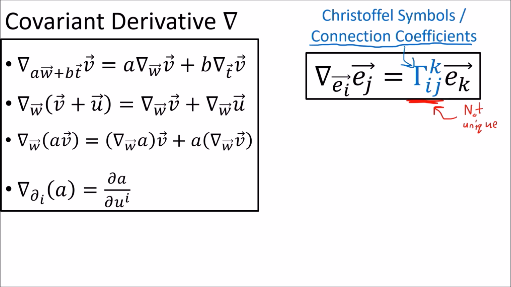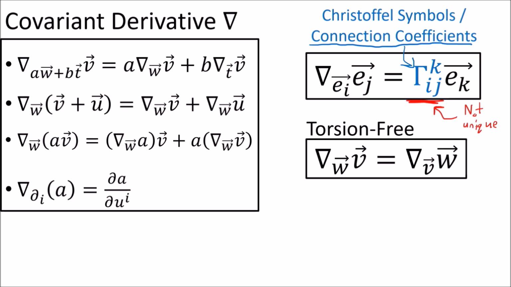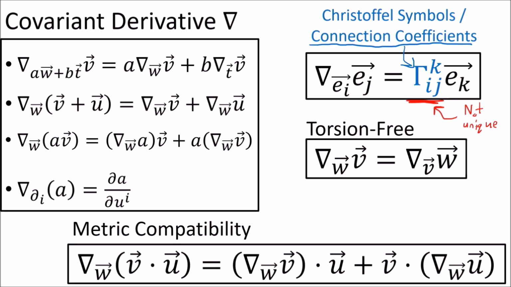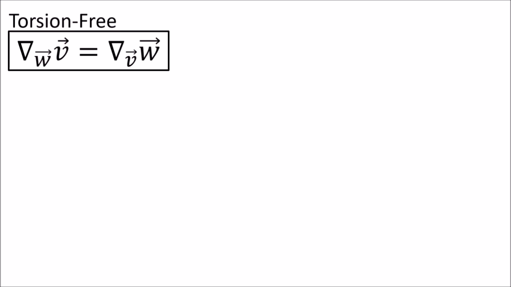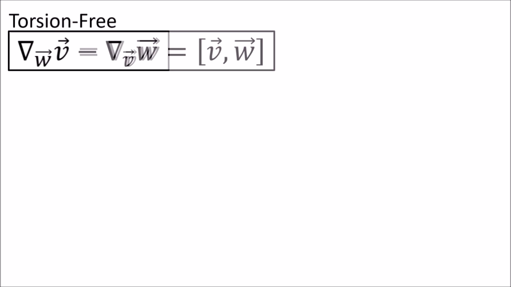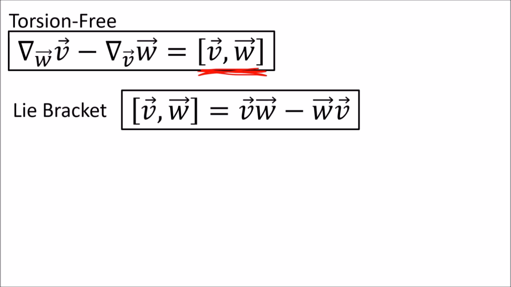But there is a way that we can get a unique solution for the Christoffel symbols, and that's by introducing two new properties called the torsion-free property and the metric compatibility property. And I should probably mention that although I've defined the torsion-free property like this, a lot of textbooks will use this more advanced definition, where this symbol here is the Lie bracket of vectors.